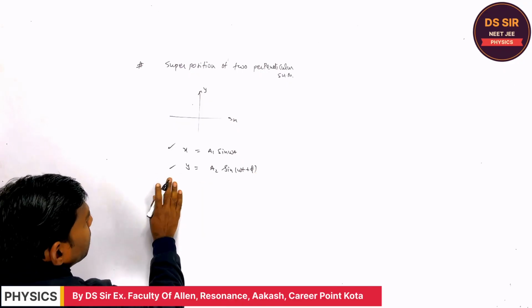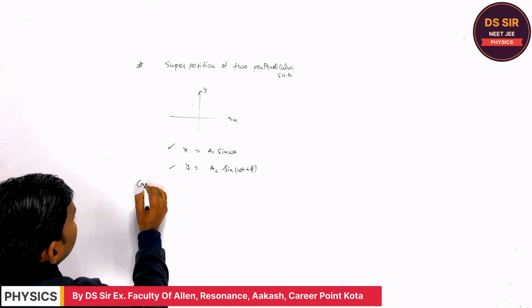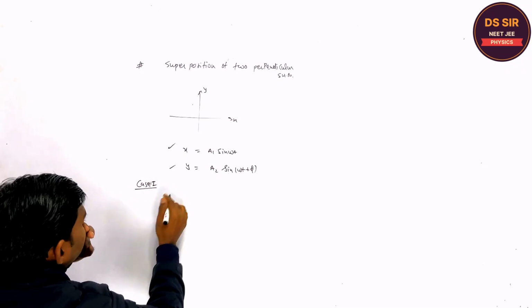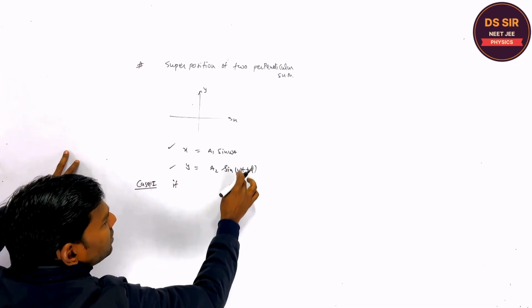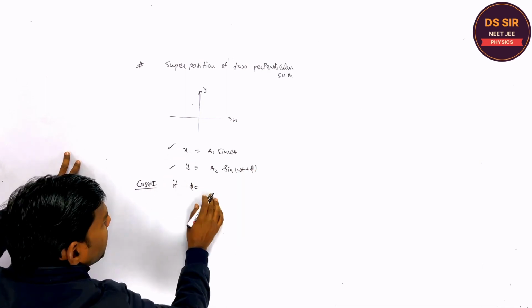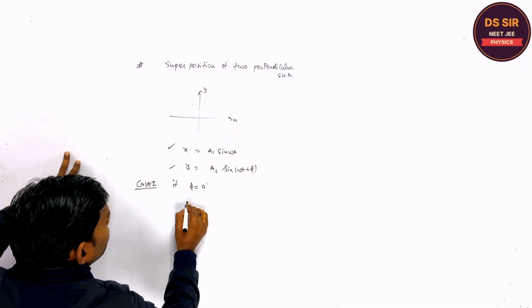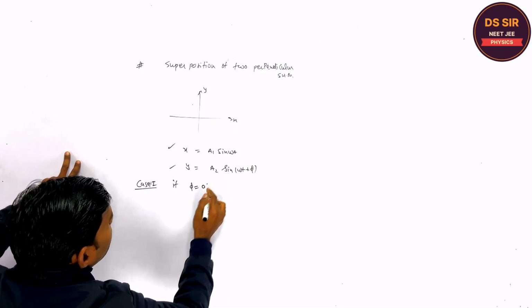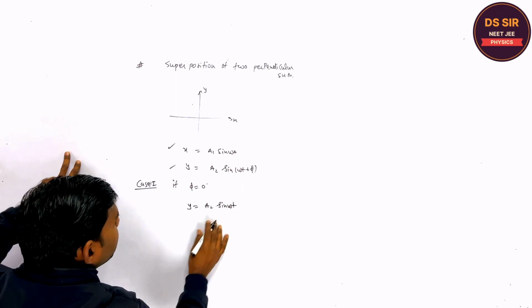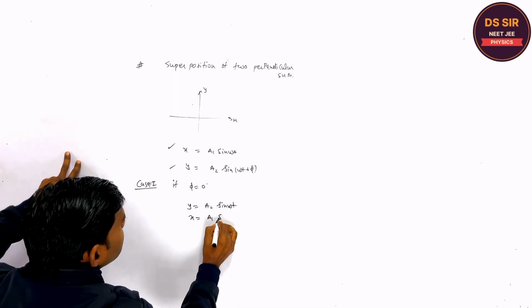So here we will discuss the cases. What is the first case? If the initial phase difference between the two particles performing SHM is 0, then y is equal to A2 sine omega t, and x is equal to A1 sine omega t.